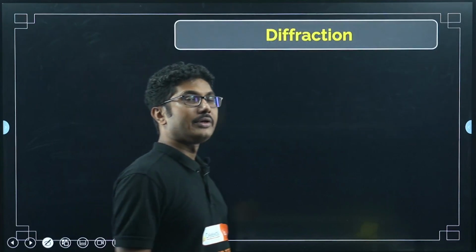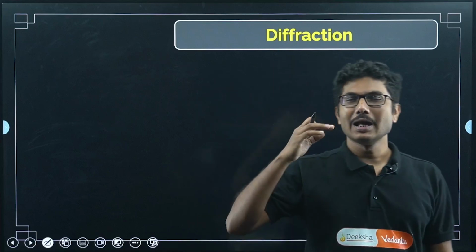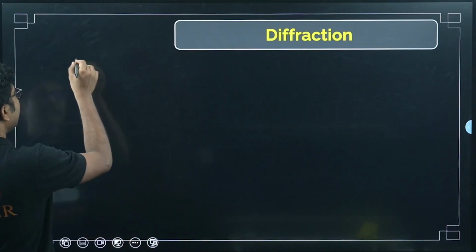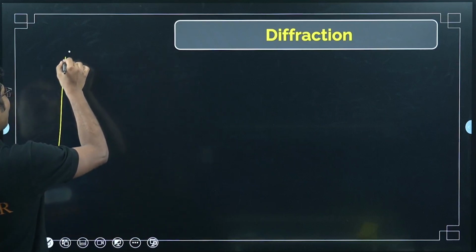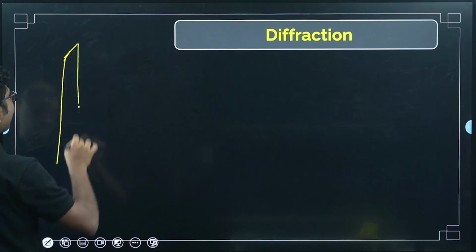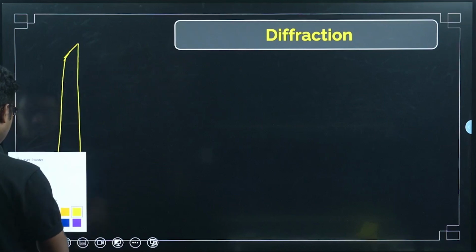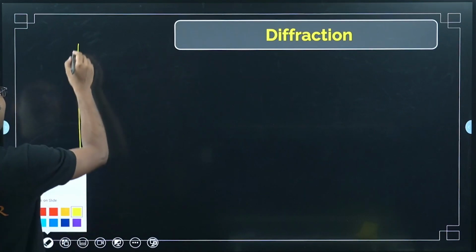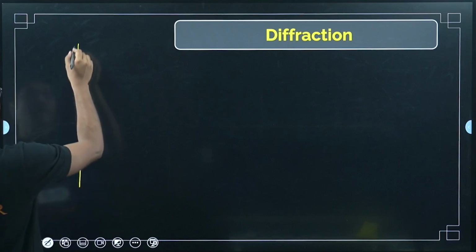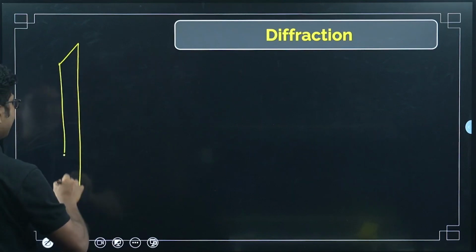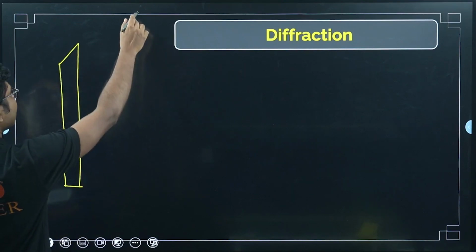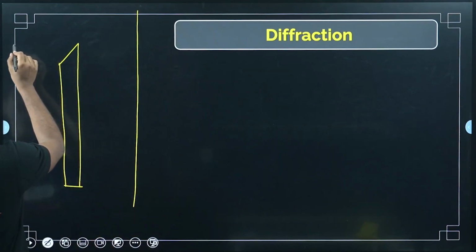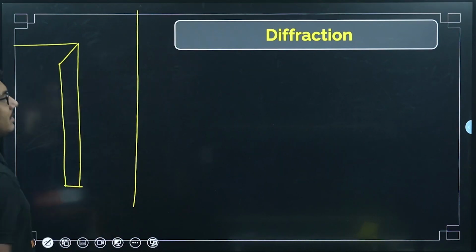Now we are talking about diffraction. Diffraction is a very interesting topic, because so far we have said that light always travels in a straight line, right. Suppose I have a sharp knife edge, and I have a screen here, and a ray of light is coming along this.